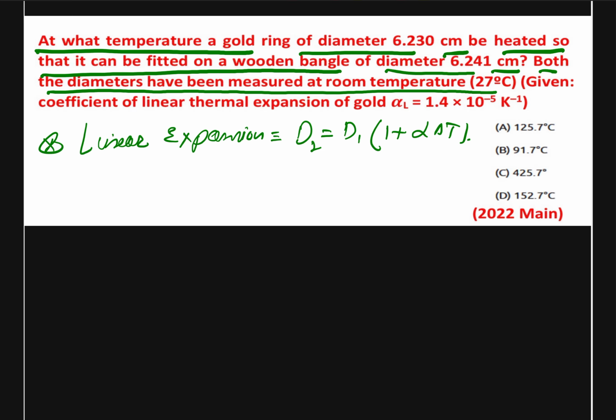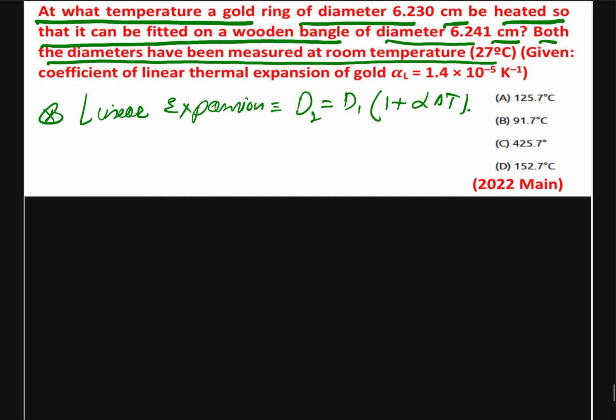So we substitute the values. Final diameter is 6.241, initial diameter is 6.230, 1 plus alpha L. So alpha L is 1.4 into 10 to the power minus 5 times delta t.